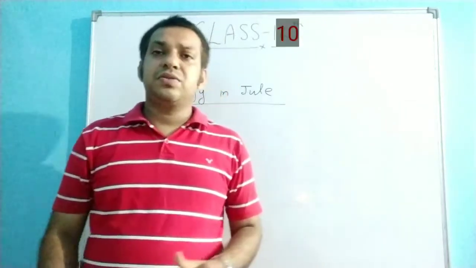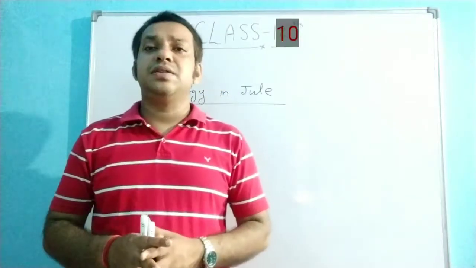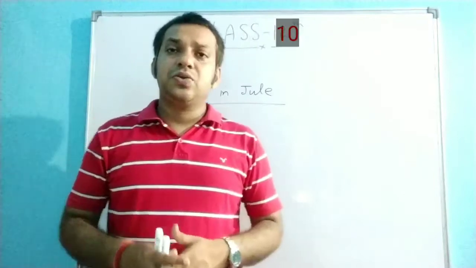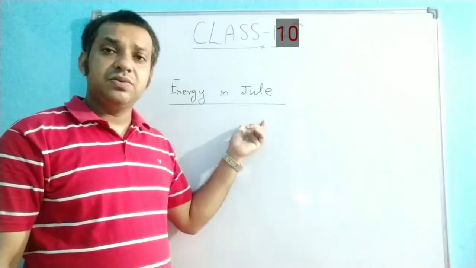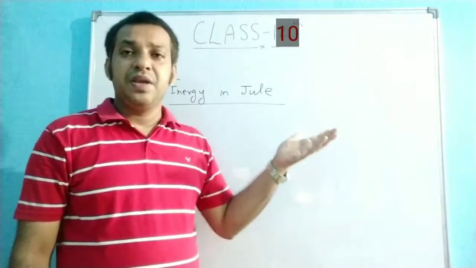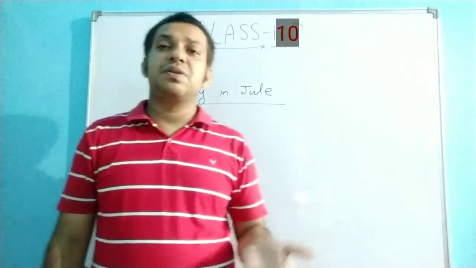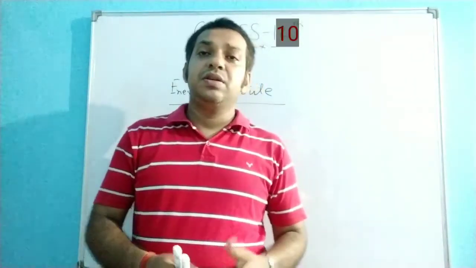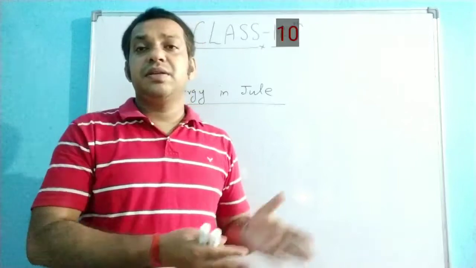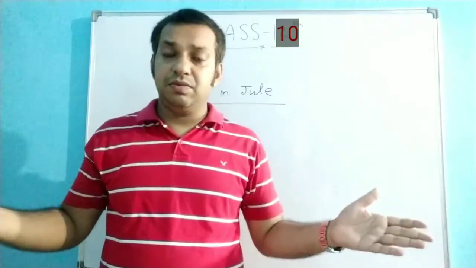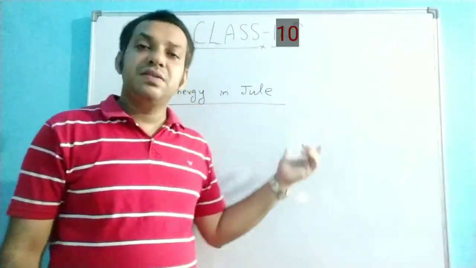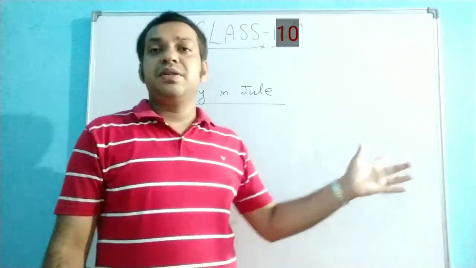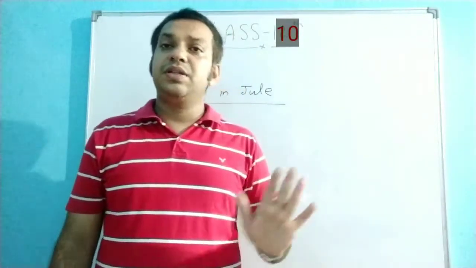Similarly, in your house the energy consumption is very high, and the joule is a very small unit. If you measure your house's energy consumption in joules, it would be a very high value. So it is not a conventional unit to measure energy consumption in the house.